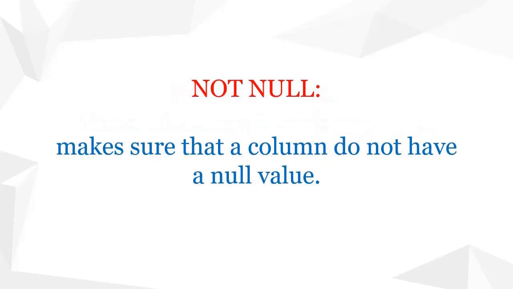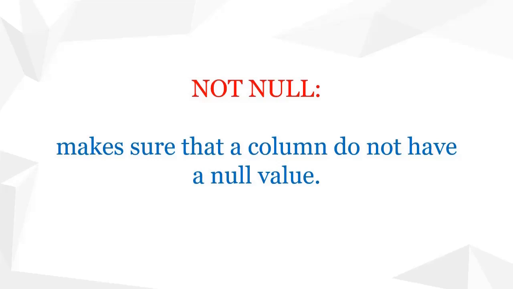Starting with not null constraint. The not null constraint makes sure that a column does not have any null value. Okay. That means while inserting into the table, if you do not give any value for that particular column, the interpreter throws an error. Okay.